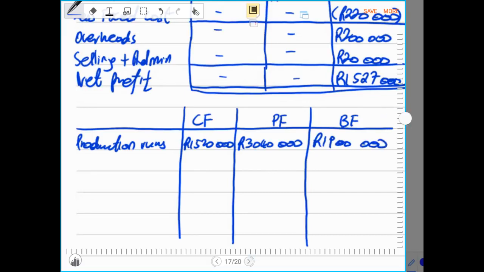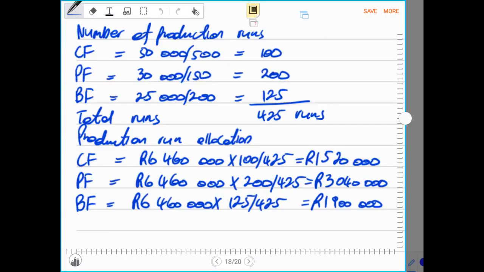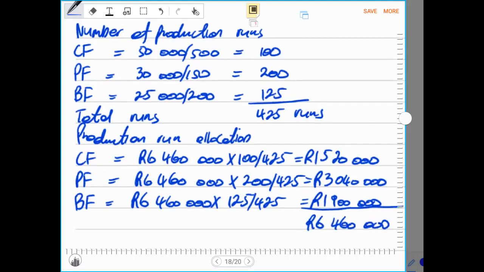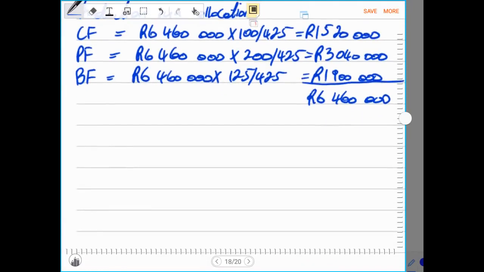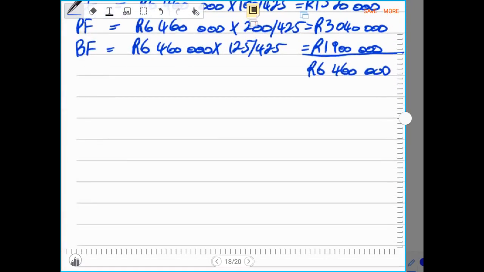I took those figures and pasted them into the columns. Remember, the sum of the three must give you 6,460,000 because that's what you are allocating. So now we have done the first allocation and we go to the second one.